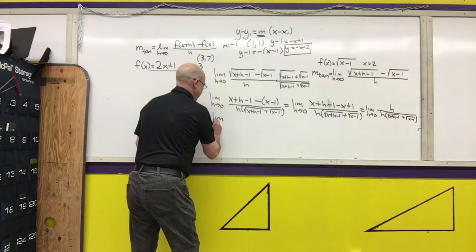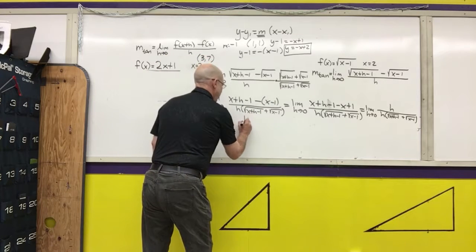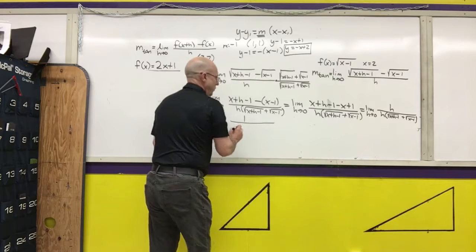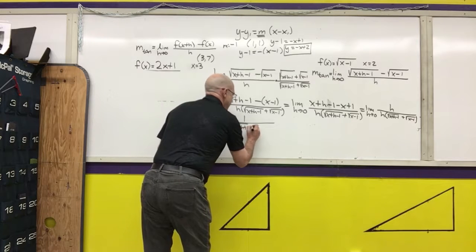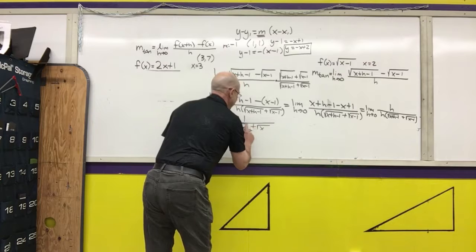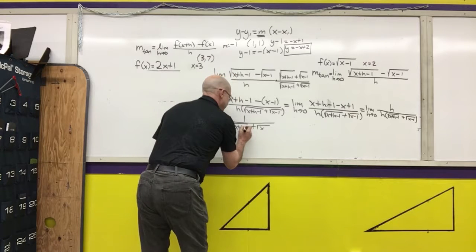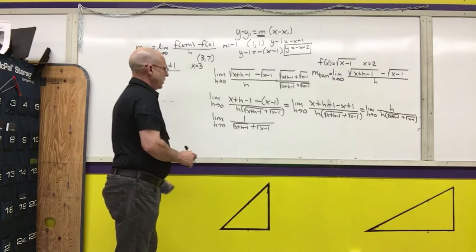So, still copying the limit because I have not taken it yet, that leaves me with 1 over the square root of x plus h minus 1 plus the square root of x minus 1.